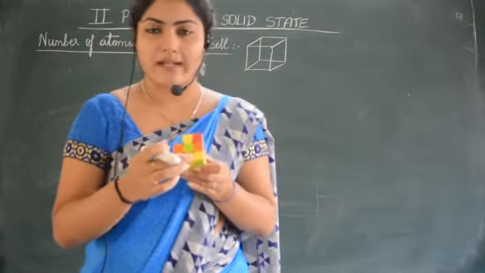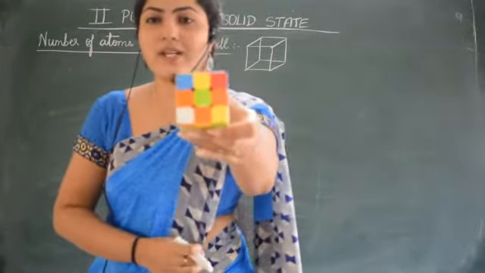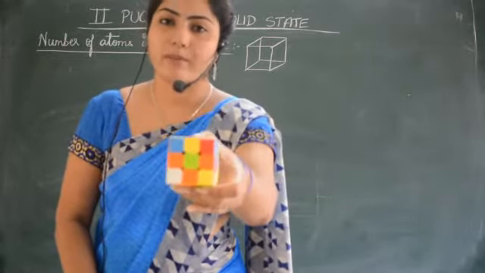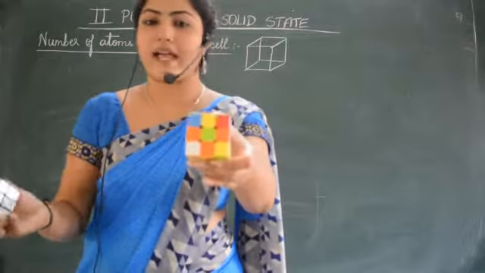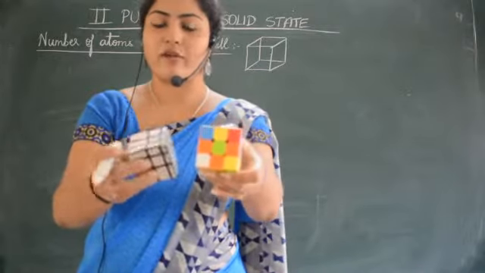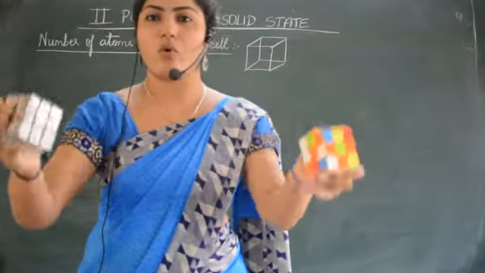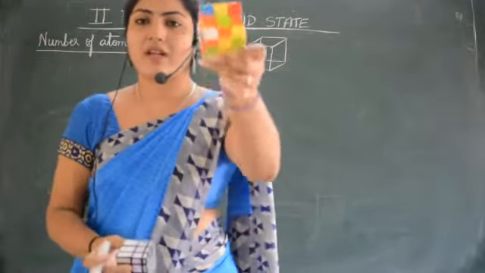These corner atoms, whether it is for only this unit cell, I have told you the unit cell is the smallest portion which, when repeated in all the directions, yields a whole crystal lattice. I have just taken a part from it.